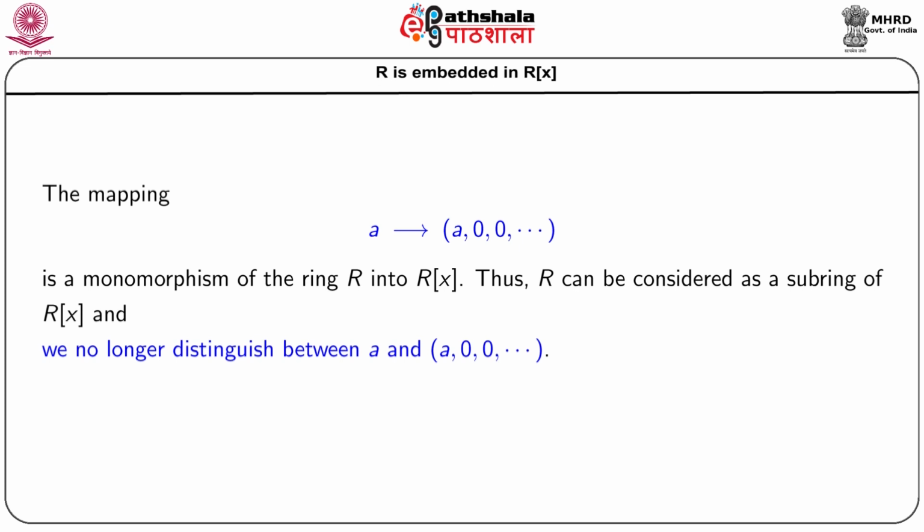every commutative ring R with unity can be considered as a subring of the ring R[x] of all polynomials over R. Since this mapping is a homomorphism, it is justified not to distinguish between a and the polynomial whose first term is a and all other terms are 0.